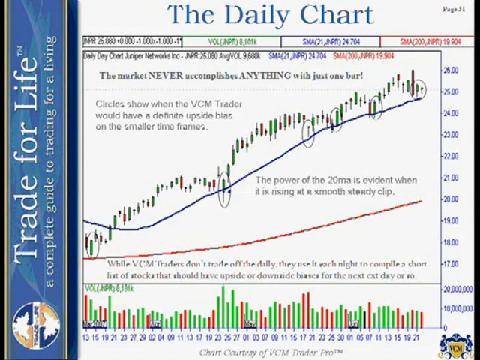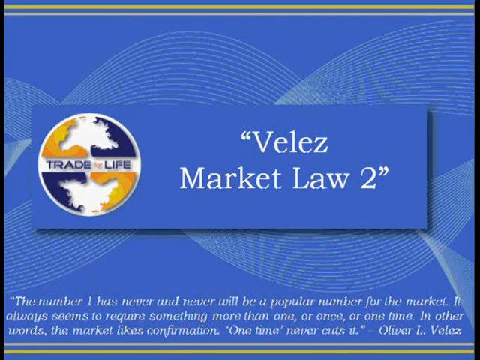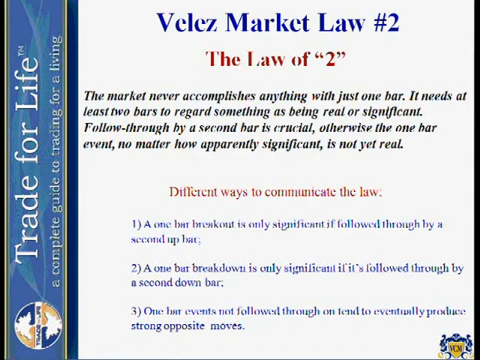The market doesn't accomplish breaks of any kind with just one bar. One bar breaks are leans. 2 bar breaks are real breaks. It needs at least 2 bars to regard anything as being real.